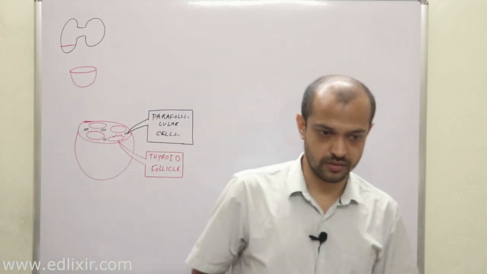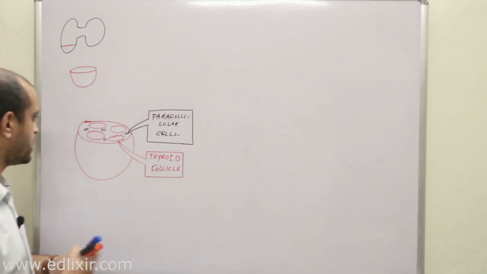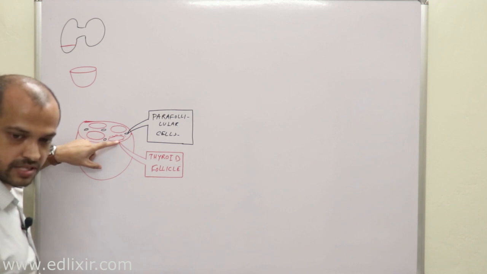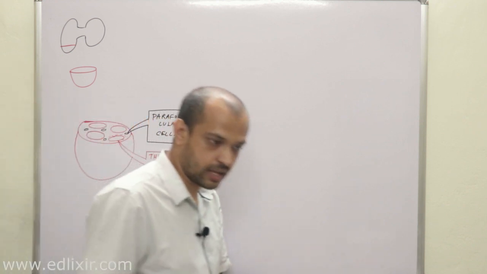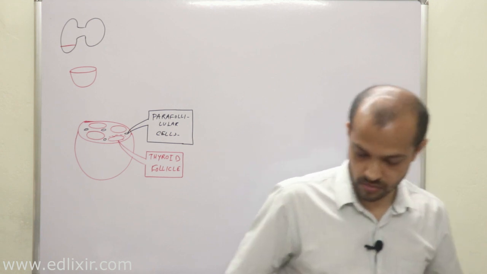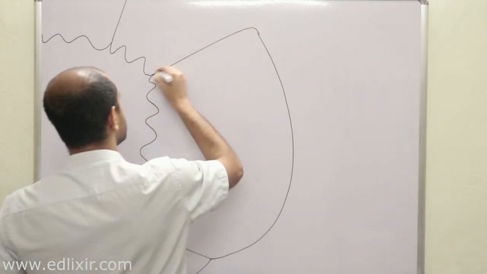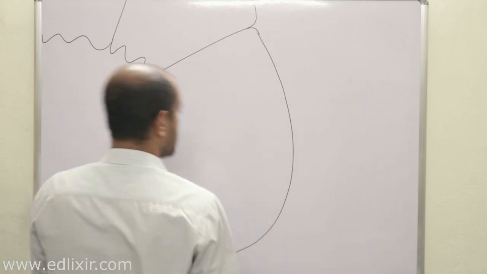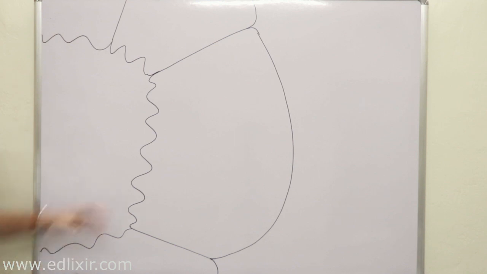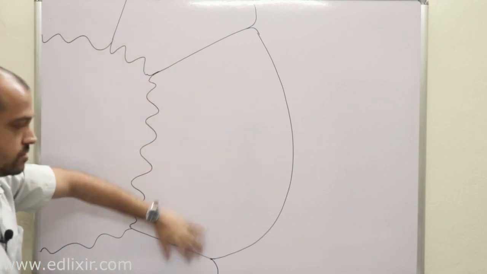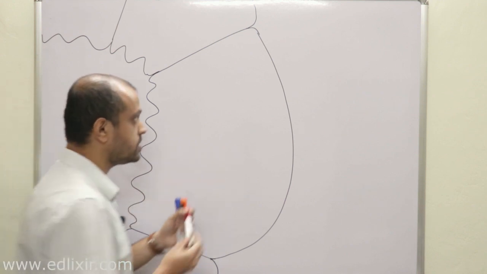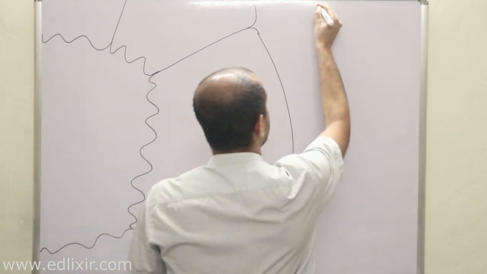Now listen with all your attention. We'll look deep down into the thyroid follicles, and we will see how these thyroid follicular cells help in the formation of thyroid gland hormones, or thyrohormones. So this is your thyroid follicle. This is a section of your thyroid follicle. Clear? Now here is your blood.